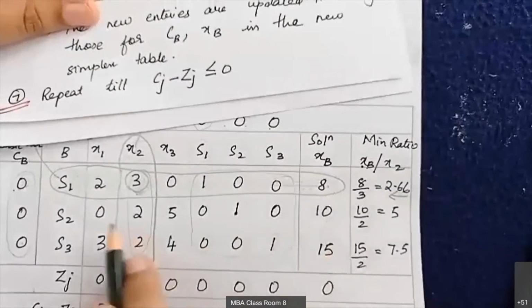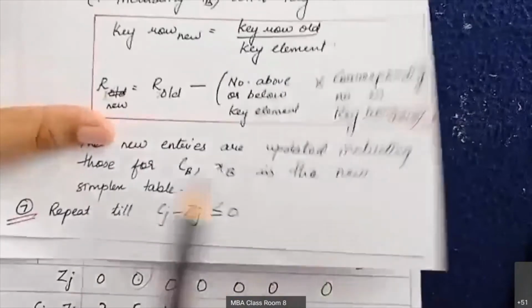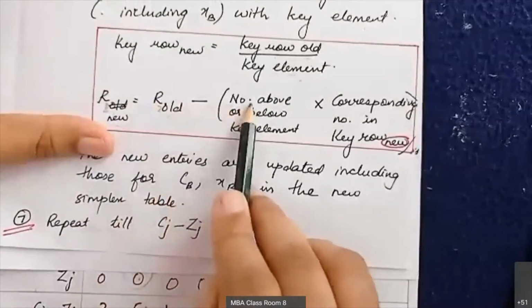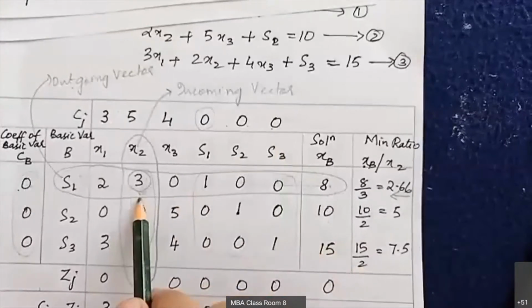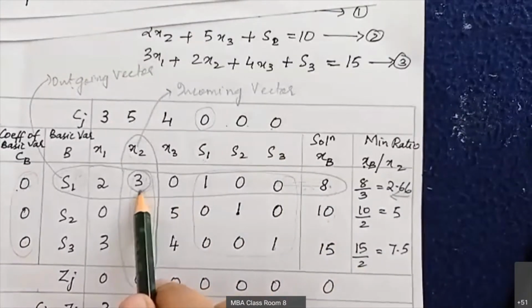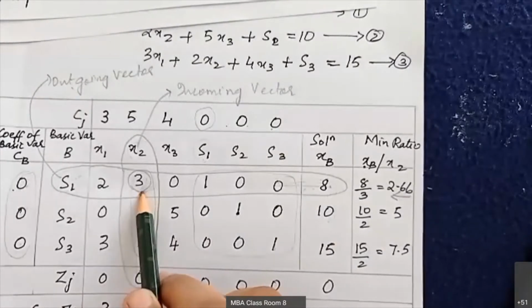Each of these numbers is going to change. How will it change? R2 old minus number above or below the key element. Which is the key element in this case? Our key element is 3, which we have found out.